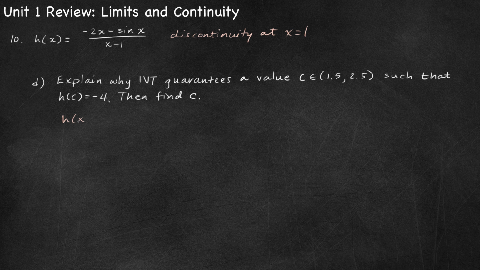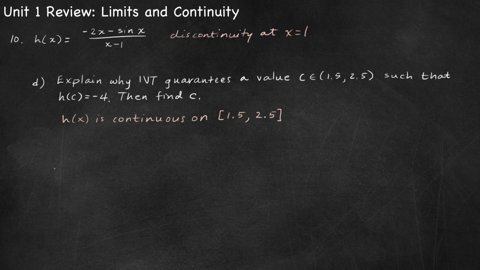So we have h of x is continuous on the closed interval from 1.5 to 2.5, because we know it's continuous everywhere except for x equals 1. Now we also have to consider our endpoints. We need to know what is h of 1.5 and what is h of 2.5.